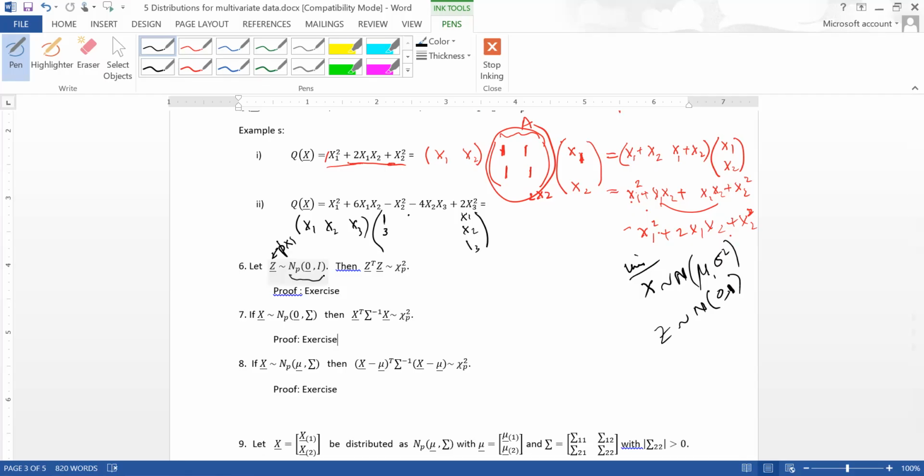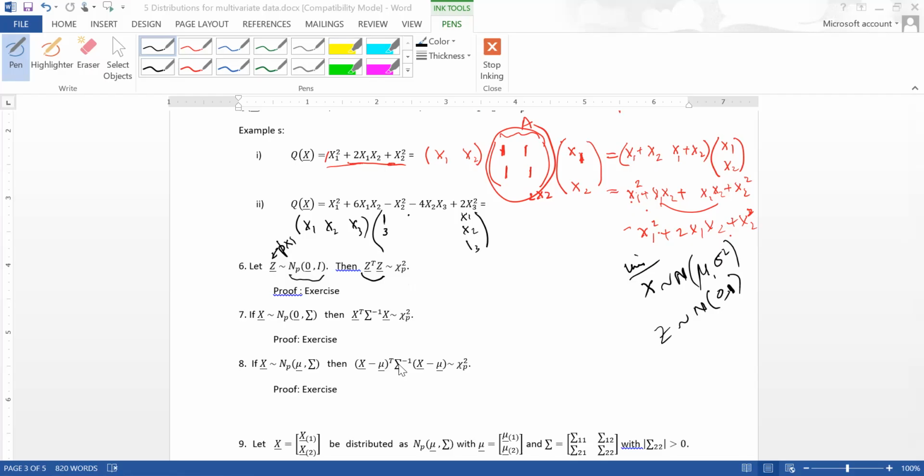So it says Z prime Z, that's the quadratic form, right? If Z is a p by 1 vector, what's the dimension of Z prime Z? Yes, right, it's a scalar.